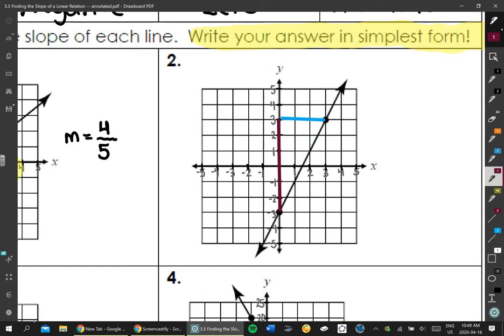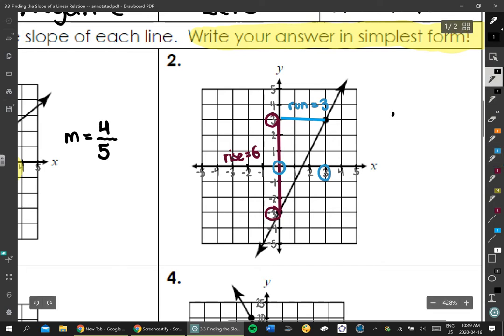Well, I started at -3, and I went all the way up to +3. So my rise is 6. Now my run, I started at 0, and then I moved to 3. So my run is equal to 3.